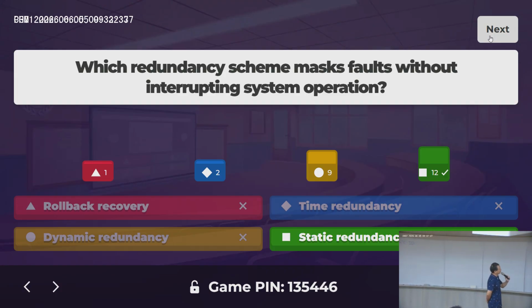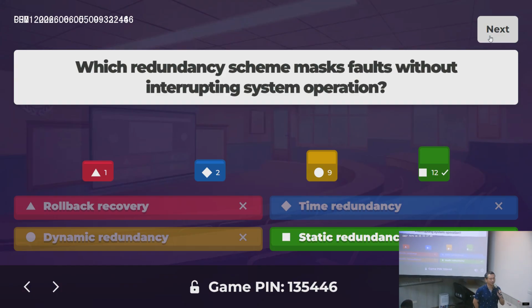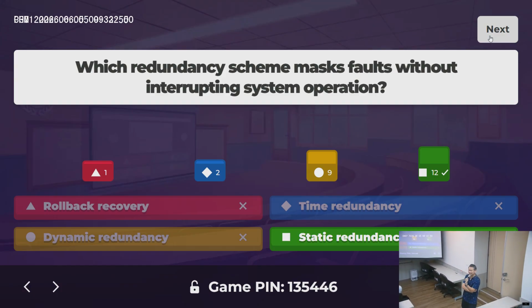Okay, for this one we have some variations. So the correct answer should be the static redundancy. Do you remember some example of static redundancy?